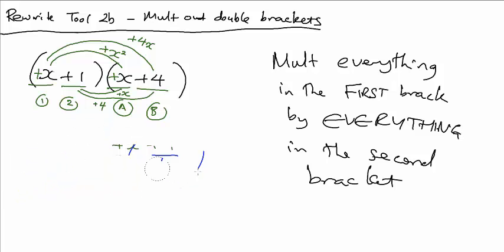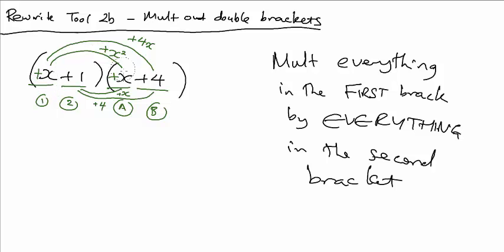So that's it. The main thing here, again, is get your signs in there. Then you've got to multiply everything in the first bracket by everything in the second bracket. Simple. Then you multiply each of them separately. Be careful and think about the signs. If there's two positives multiplying, your answer for that little branch is going to be positive. And you've got to know how to multiply things together.